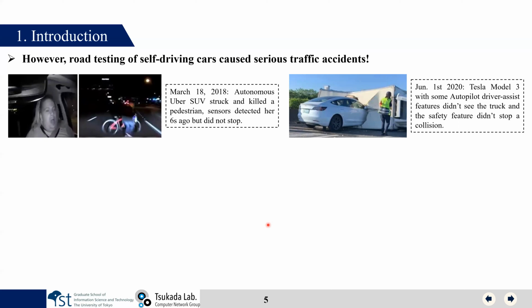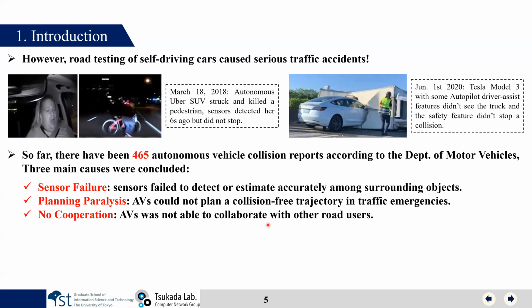And in 2020, a Tesla Model 3 in autopilot mode didn't see a truck, and the safety feature didn't stop the collision. And so far, there have been 465 autonomous vehicle collision reports, according to the Department of Motor Vehicles, Government of California. So 3 main causes were concluded.